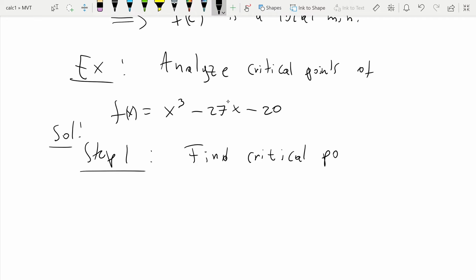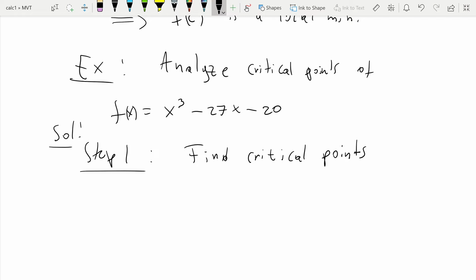And to find critical points, remember, and I insist on this because people get used to thinking of critical points as places where the derivative is zero, I need to stress that many times: critical points are points where the derivative is either zero or where it doesn't exist. In this particular example, f of x is a polynomial, so it's differentiable everywhere. So critical points are only points where the derivative is zero.